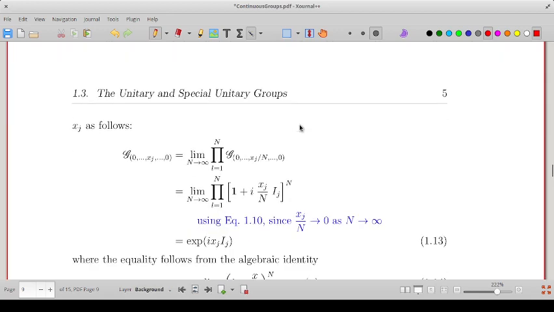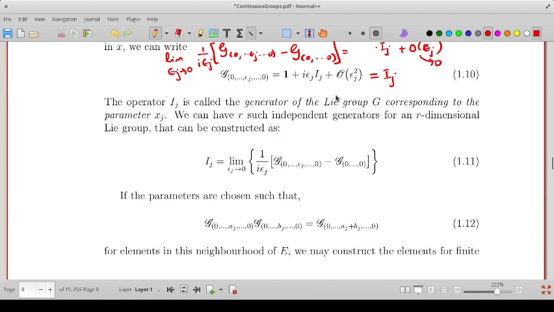Now we can do the following. Suppose we keep all parameters except x_j as 0. Now we are only changing x_j. And I want to find out an expression for the element corresponding to a finite value, say x_j for the jth parameter. If x_j was infinitesimally small, I could use this.